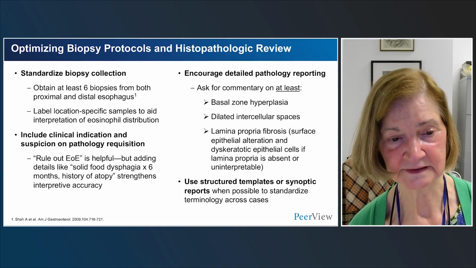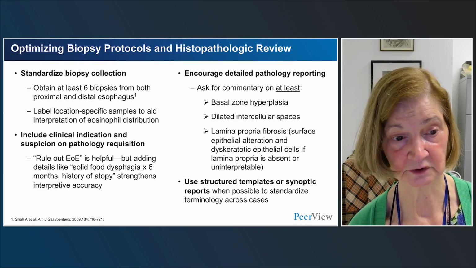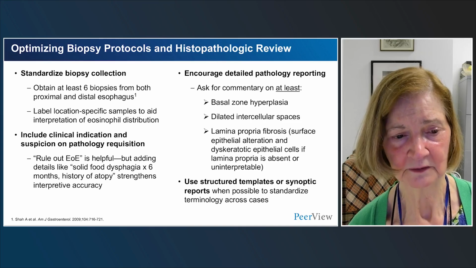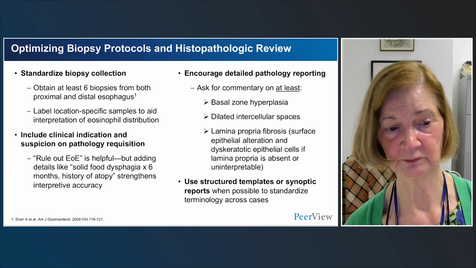So obtaining at least 6 biopsies, as Dr. Gonzalez has already said, from both proximal and distal esophagus is essential. Labeling those samples as to where they came from is also very important.